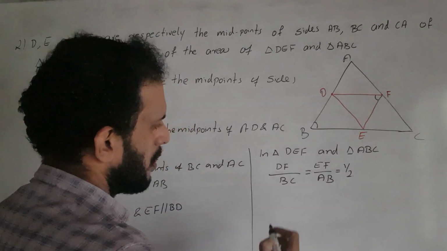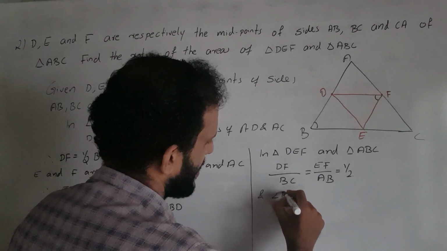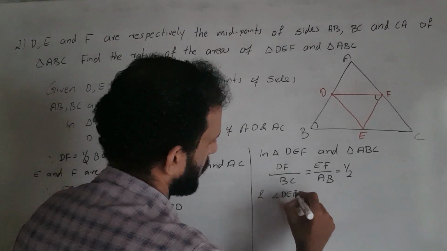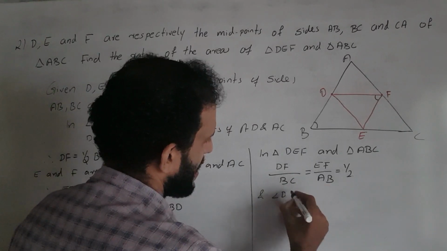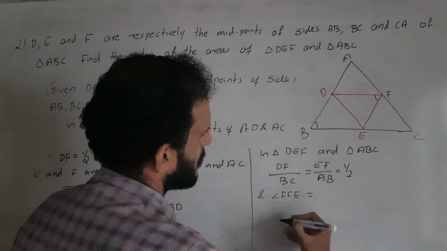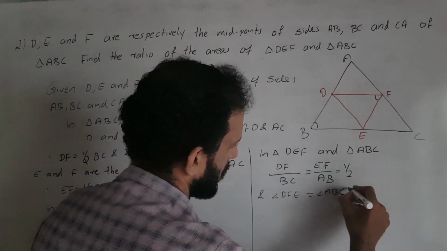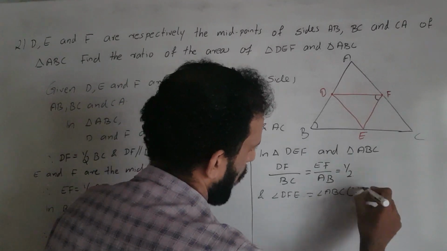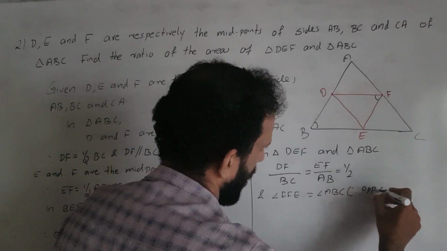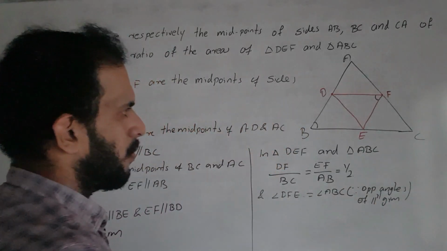So angle DFE is equal to angle ABC. What is the reason? Since opposite angles of a parallelogram are equal.